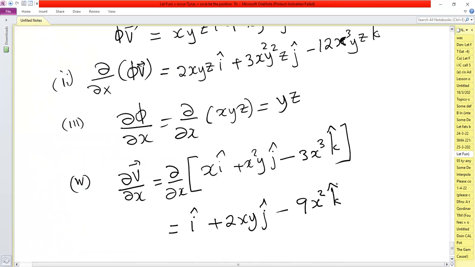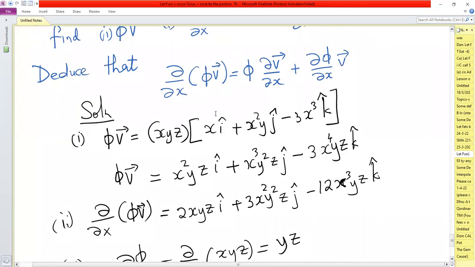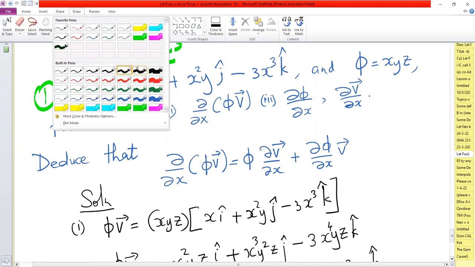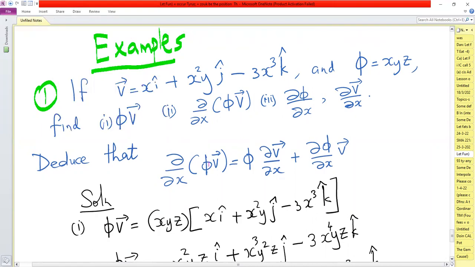Now, we have been asked to deduce from our result that partial x of the product of phi and v is the same as phi multiplied by partial v partial x plus partial phi partial x multiplied by vector v.